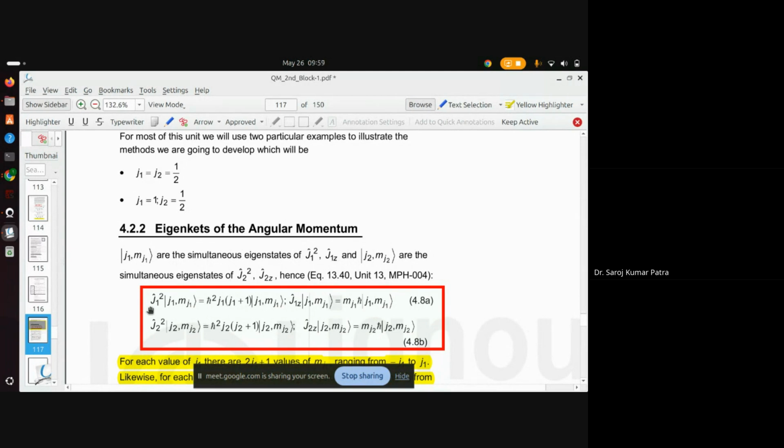तो अगर हम उसको again referring unit 13 of quantum 1. So J1 square, if I try to write the eigenvalue equation, so J1 square operating on J1 MJ1 will be giving J1 into J1 plus 1 h cross square. ये पढ़ाया गया है, नहीं पढ़ाया गया है?